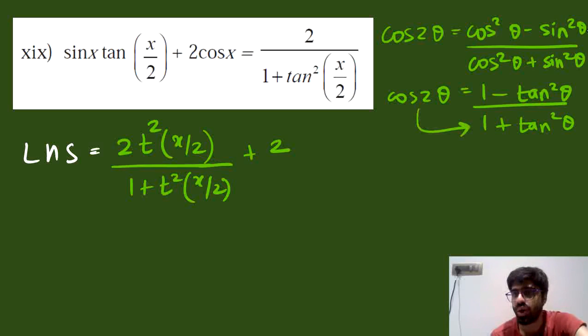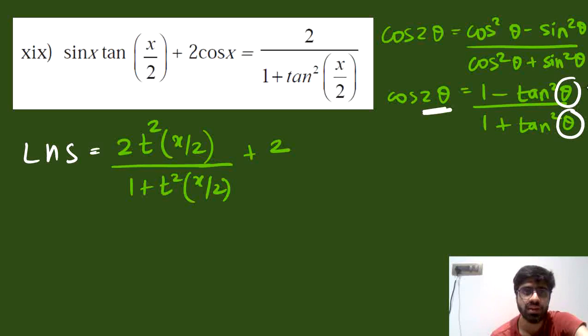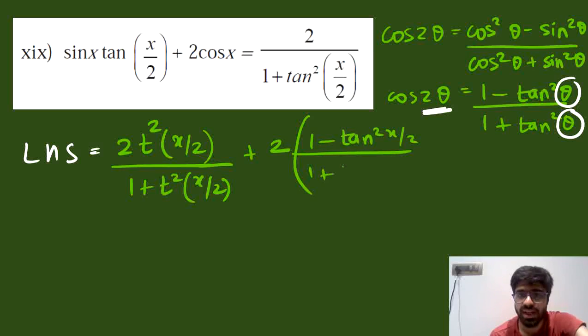And that's the formula for cos 2 theta. Check carefully how the angle from here, which was 2 theta, becomes equal to theta on the right. So while applying this formula, whatever angle you have becomes half of whatever the original value is. So 2 cos x, I can write it as 2 times 1 minus tan square x by 2 upon 1 plus tan square x by 2.